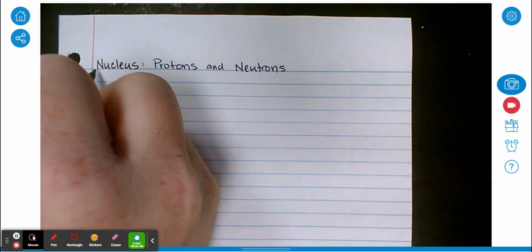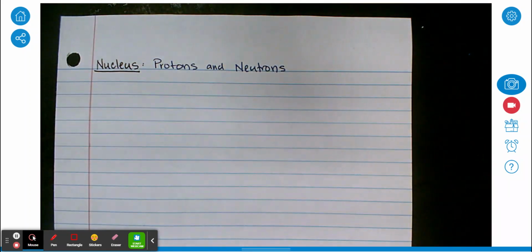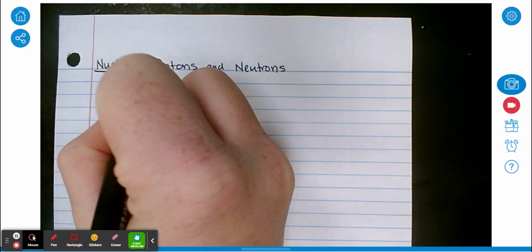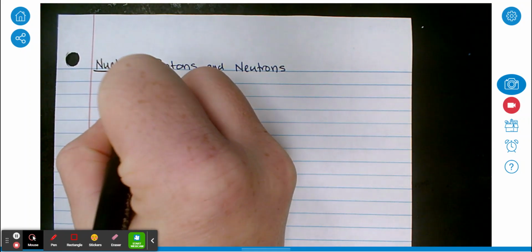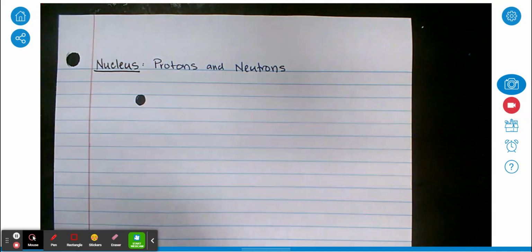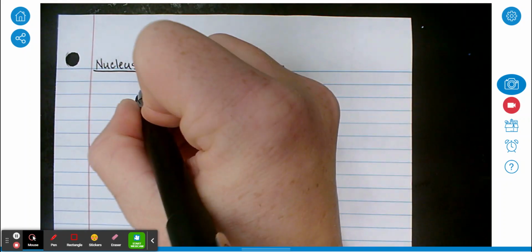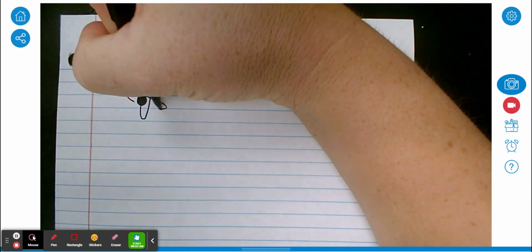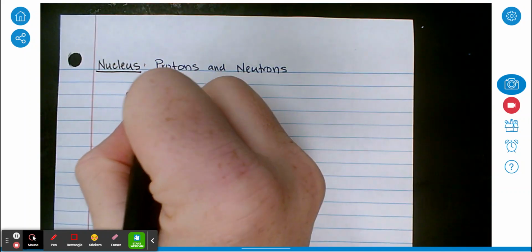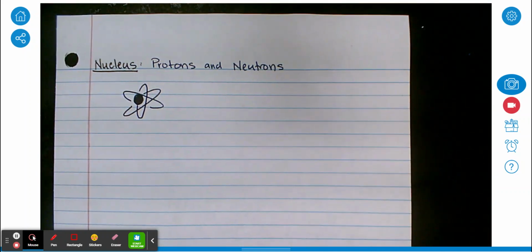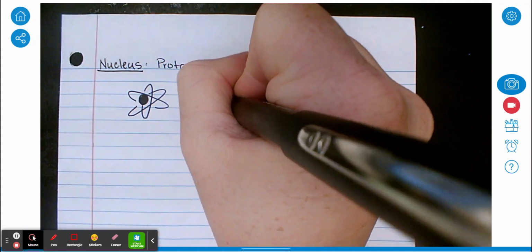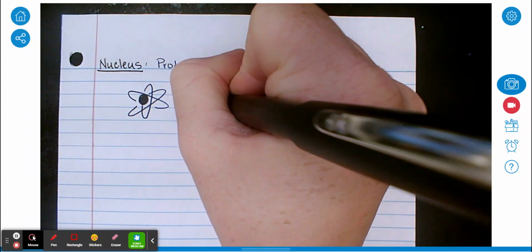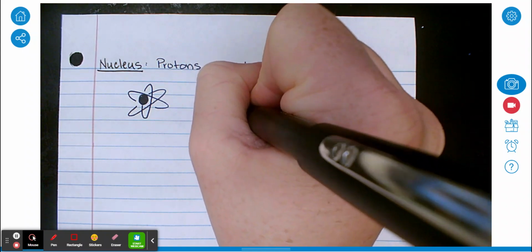Now, the word nucleus. All a nucleus is, is the center of an atom. So if we do a drawing, there's a couple of different ways we draw atoms. There's what I call the Jimmy Neutron style, which is a dark center with some rings around it. If you grew up watching Jimmy Neutron, you've seen this display. There is a dark center with basically dotted hula hoops around the outside.